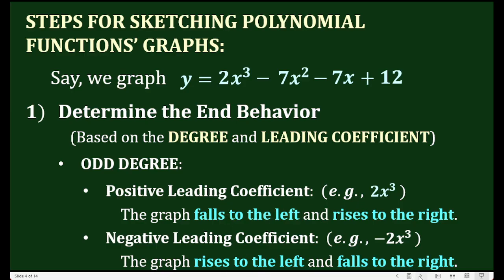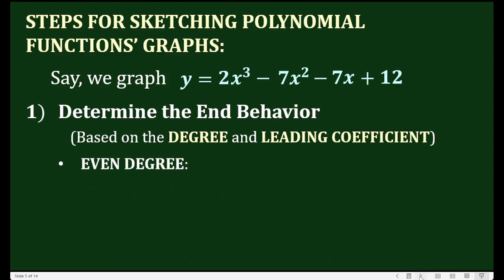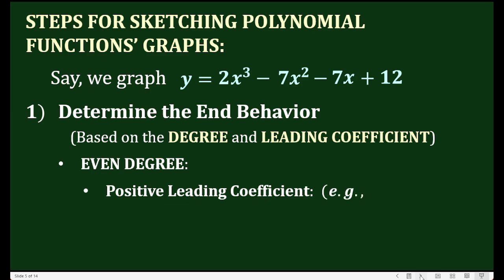Next, let us discuss all the possibilities. What if it so happens that the polynomial function has an even degree? Say the degree is not 3 but another exponent, and the leading coefficient is positive. Say the leading term is 2x squared. So what would be the end behavior of the graph?